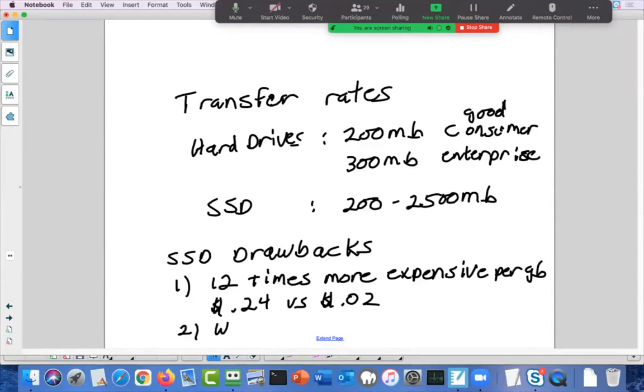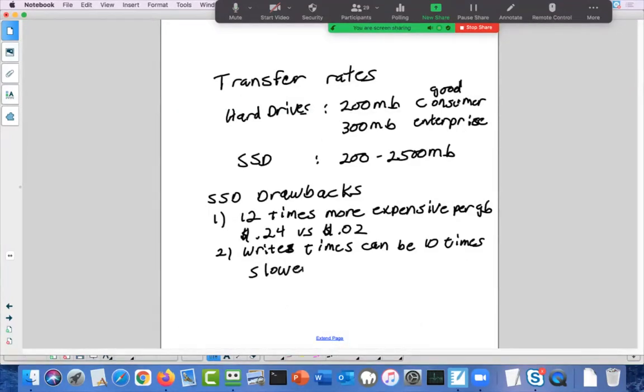Second thing is that write times can be 10 times slower than read times. So if you looked at that transfer rate, it might be down to only 20 to 250 megabytes per second write times, which might be even slower than on a magnetic disk.